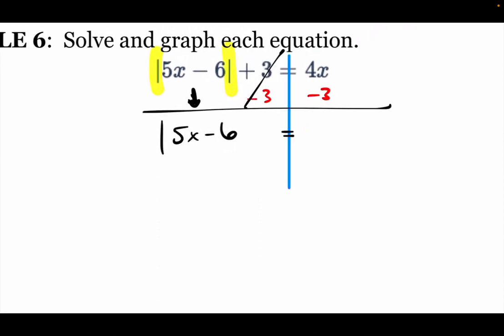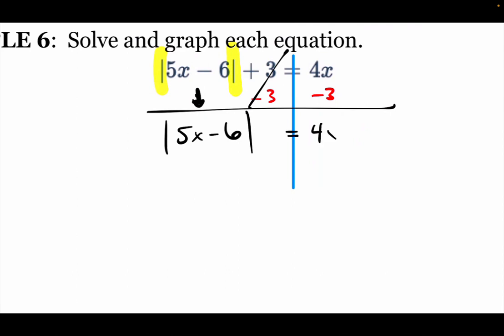Can I subtract 4 minus 3 to make 1? No, because 3 doesn't have an x. If it was minus 3x, sure, go for it. But it doesn't. So what do you do? You just write what you have. 4x and a minus 3.